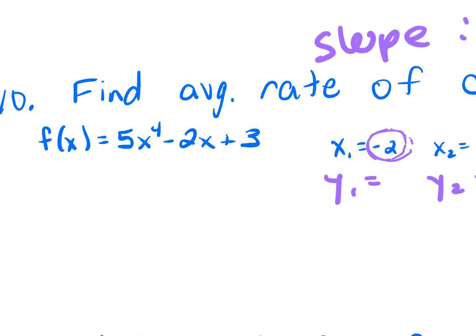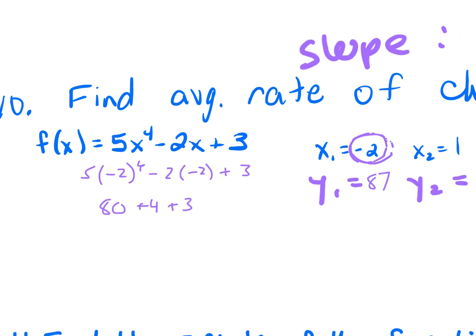So I have 5 times -2 to the 4th power minus 2 times -2 plus 3. -2 to the 4th power is what? 16. 16 times 5 is 80. Plus 4 plus 3. 87.